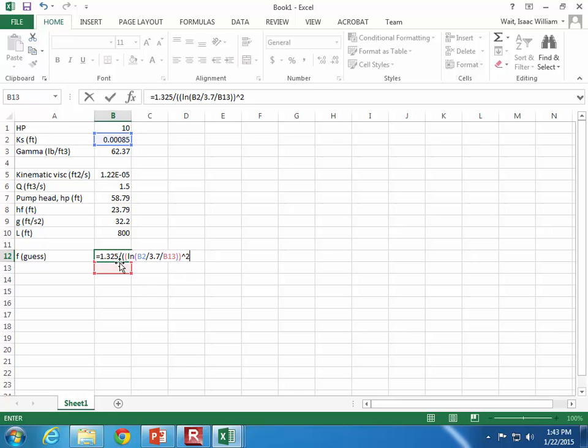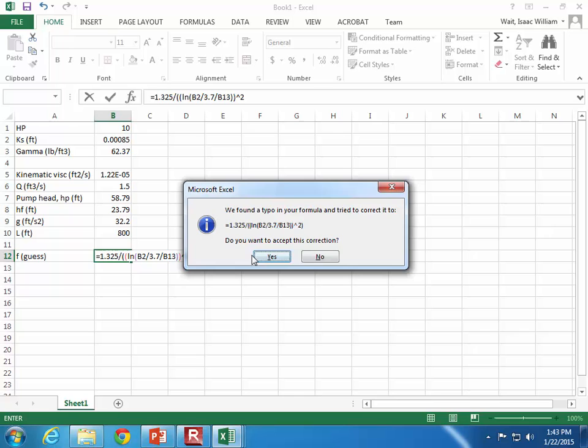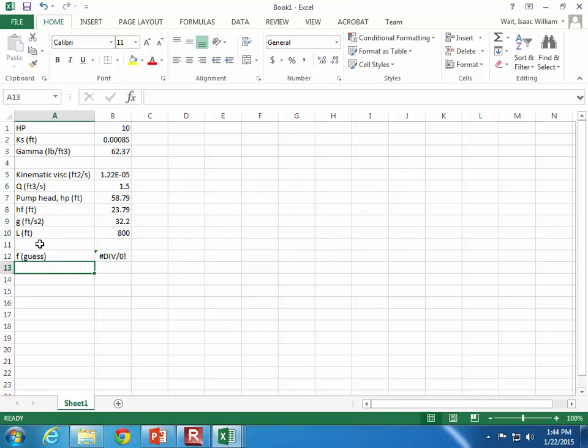And then I need to square that. Okay, so here's my D value that is going to be my initial guess, and let's say that it's 0.4. Okay, so I have some guess F value, the area in square feet, the velocity in feet per second, and then the Reynolds number that's going to come from that.